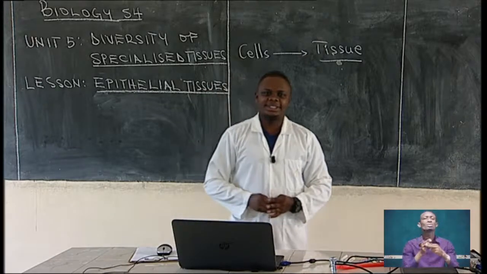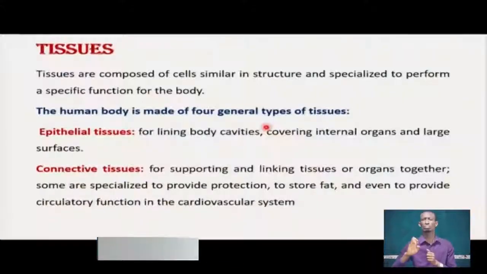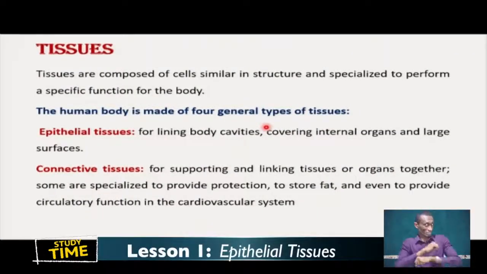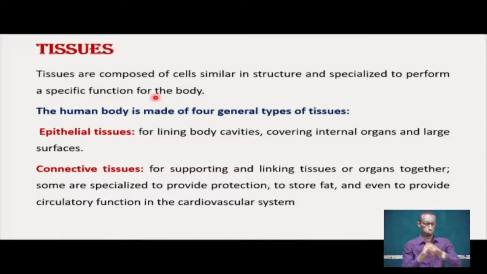Dear students, tissues are composed of cells which are similar in structure and are specialized to perform specific functions in our body. Meaning tissues have specific functions. Then, in the human body, we have 4 general types of tissues.